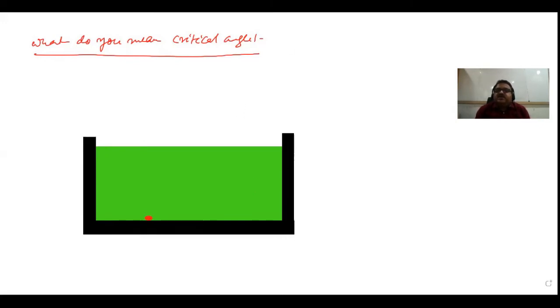Let me write this medium as medium 1, and this is medium 2. The refractive index of medium 1 is more than mu2. That means the refractive index of medium 1 is more than 1. Let me mark them mu1 and mu2.